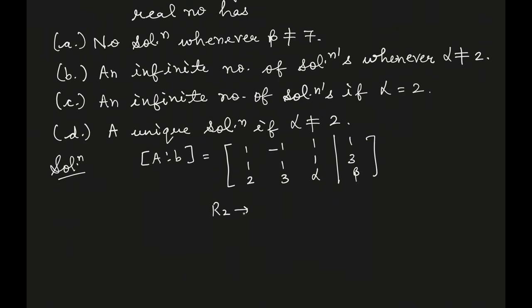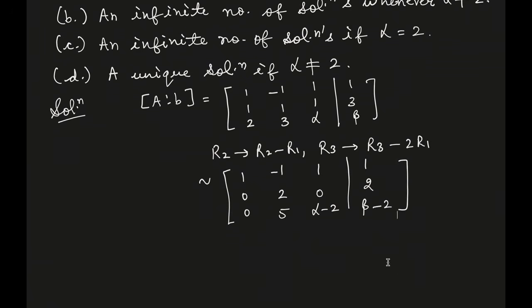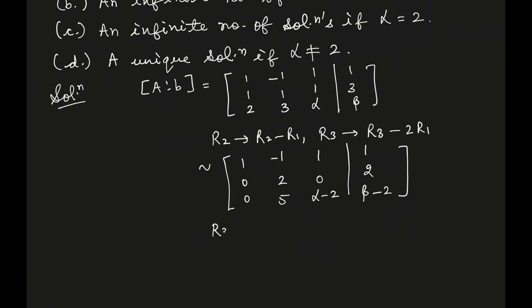So R2 tends to R2 minus R1, R3 tends to R3 minus 2 times of R1, giving [1 0 0; -1 2 5; 1 0 alpha minus 2 | 1 2 beta minus 2], then R3 tends to 2 times of R3 minus 5 times of R2.